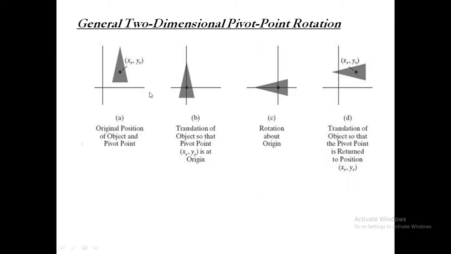You can see the diagram. This is the triangle, this is the arbitrary point. The triangle is translated to the origin here. About the origin it is rotated by multiplying with the rotation matrix, and again translated back to the previous place.